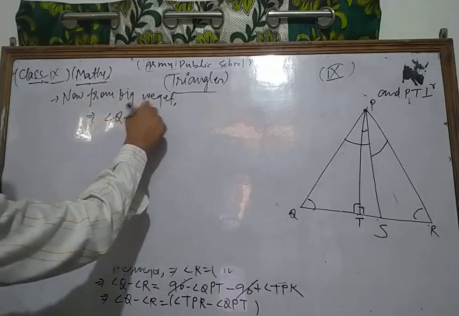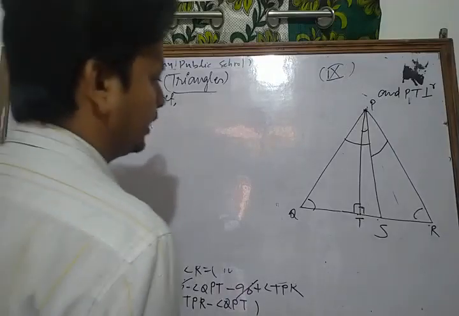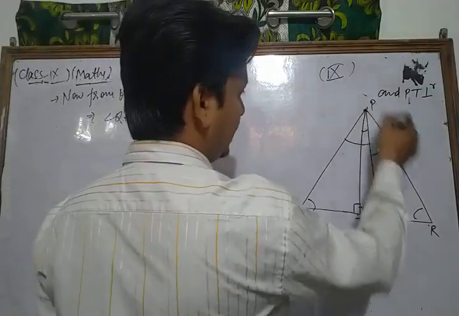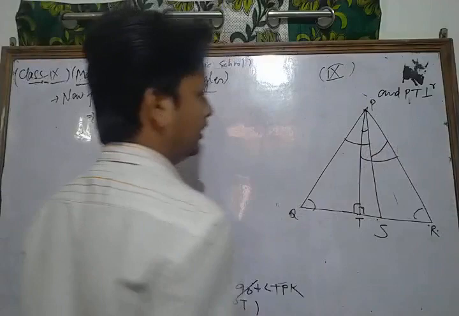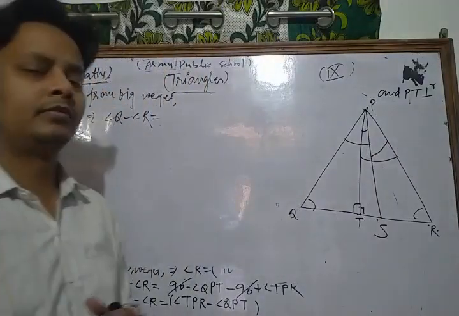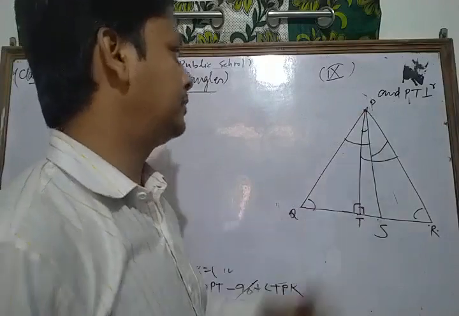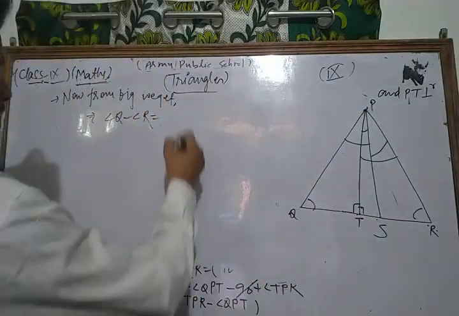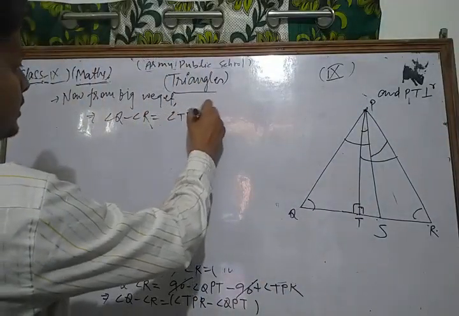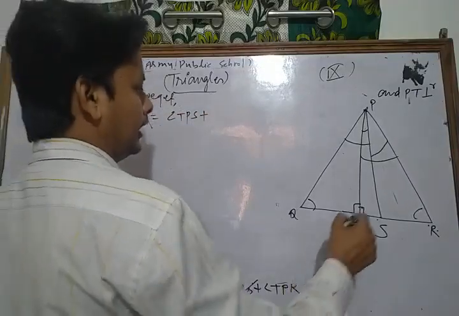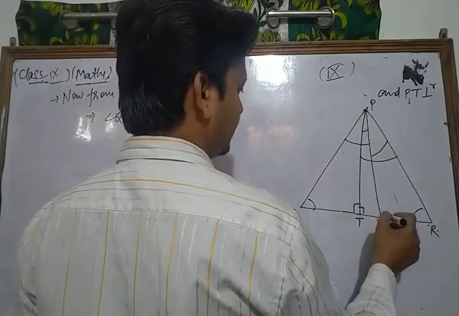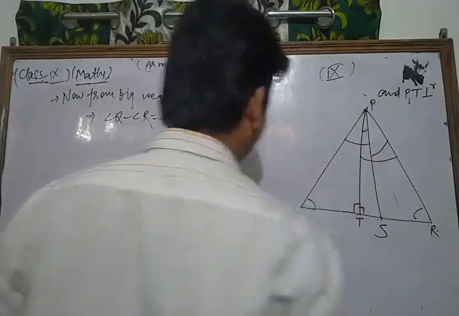From the figure, angle TPR is split into two parts: angle TPS plus angle SPR.